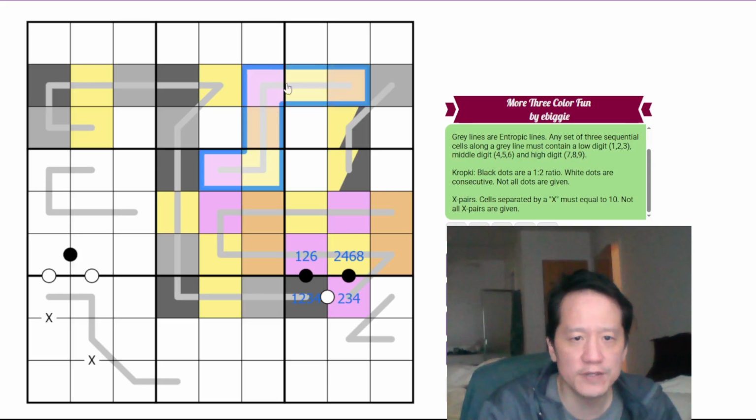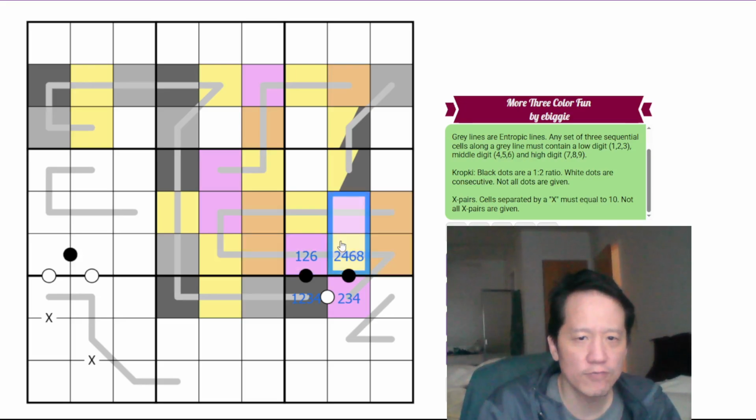So we have this set. What else do we have? This is yellow or dark.